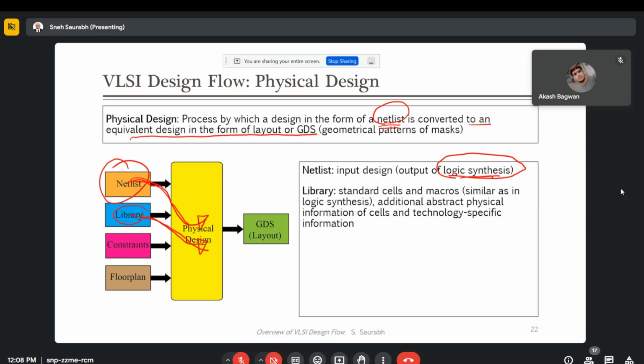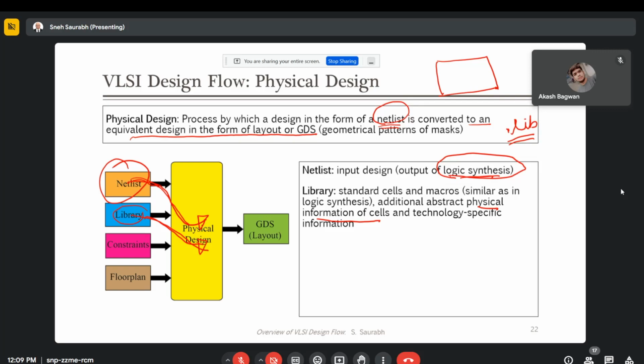Now, in addition to the .lib files, or the library files that we give during logic synthesis, we also need to give libraries related to physical design, or physical information of cells, right? Why is this needed? This is needed because the cells are, say, rectangular objects. For example, this may be an inverter.